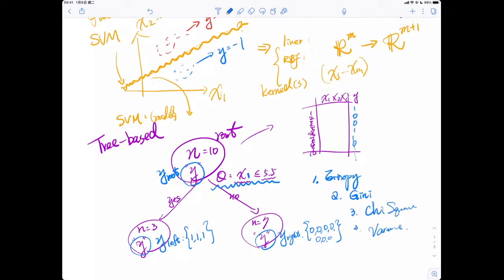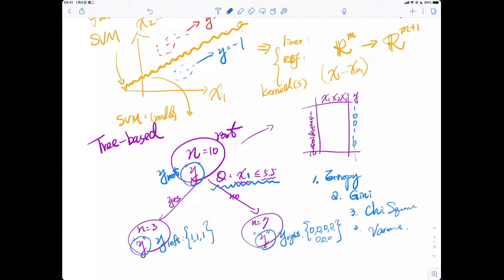它们有不同的指标, but all of them have the same target, which means they would like to partition the data. And the y, no matter its entropy will decrease, its impurity, 就是不纯度 will decrease, or the chi-square or the variance will decrease, which means the data become more and more all zeros or all ones, and so on and so forth.